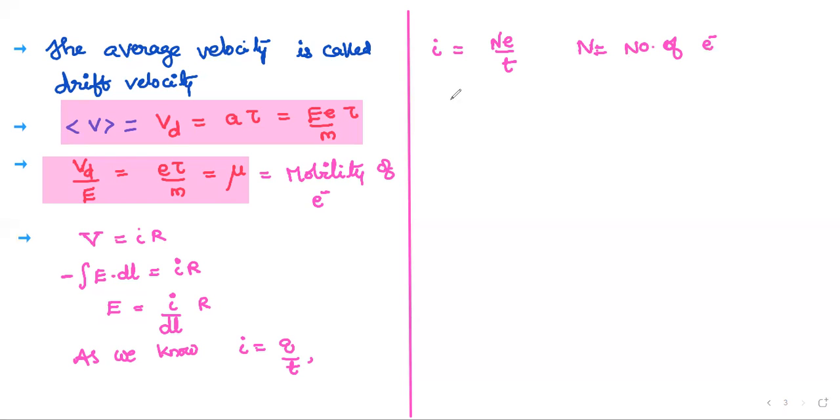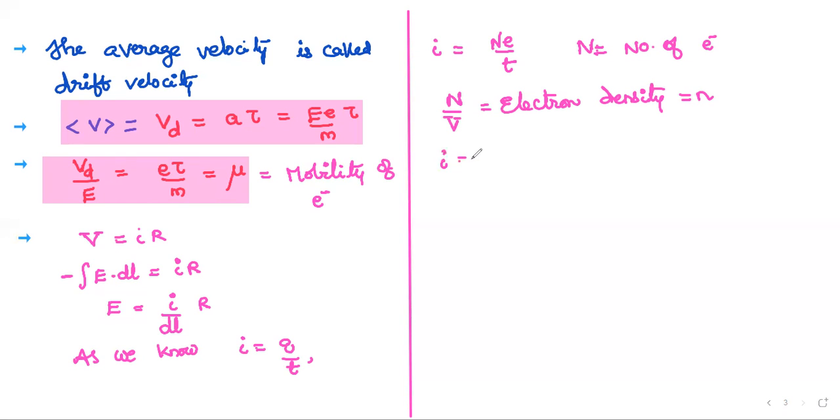That's why, instead of taking the number of electrons, better you say the number of electrons per unit volume. That one you name as electron density, represented with the letter small n. So capital N is the number of electrons, and small n is the electron density.